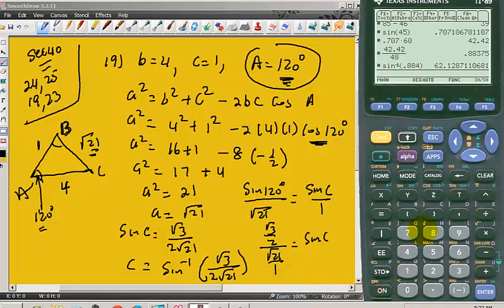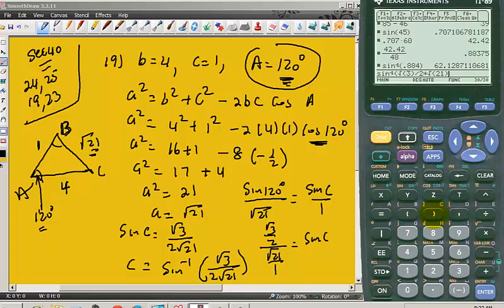So I go with my handy dandy calculator, I make sure I'm in degrees, and I am. So I'm going to go sine inverse, and I have a rad 3. I'm going to divide that by 2 times rad 21.